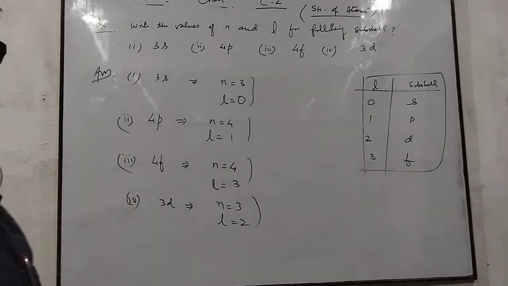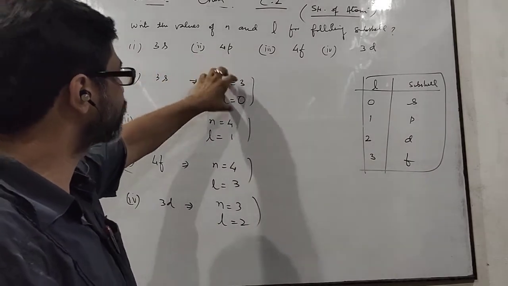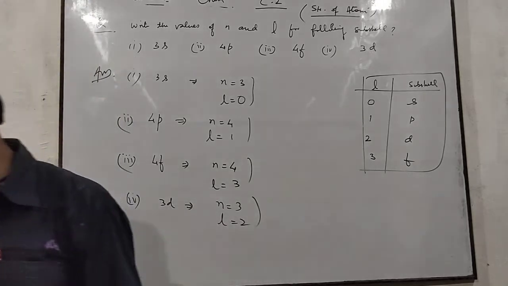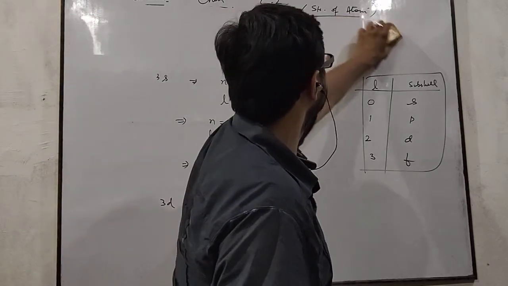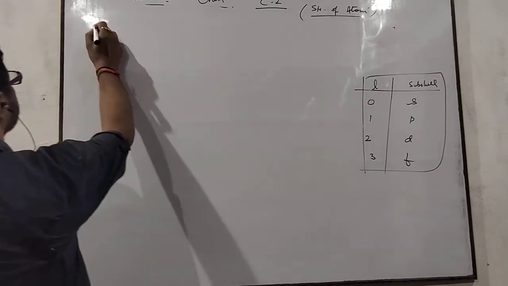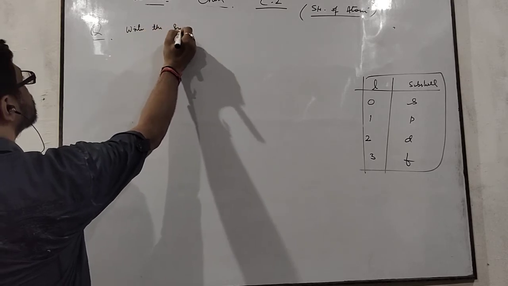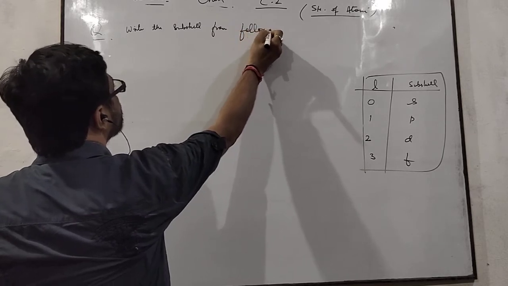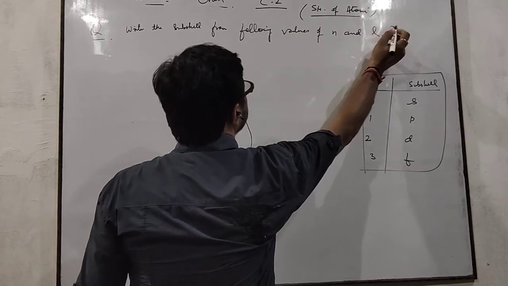You can also write the subshells from the given values of n and l. Means its reverse question can also be asked. Okay? See this in this way. Write the subshell from the following values of n and l.